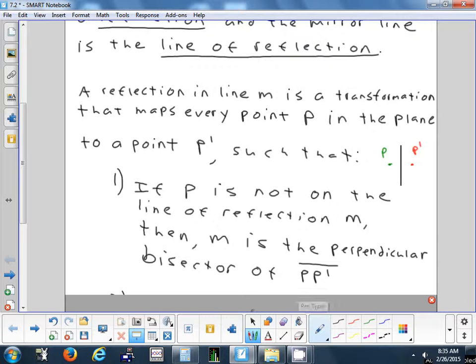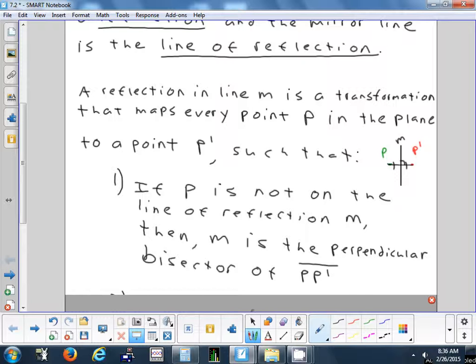If I connect P to P prime, since point P was not on the line of reflection, call that line of reflection M, line M is a perpendicular bisector of the segment P, P prime. Does that idea make sense? The line of reflection is a perpendicular bisector of the segment P, P prime.